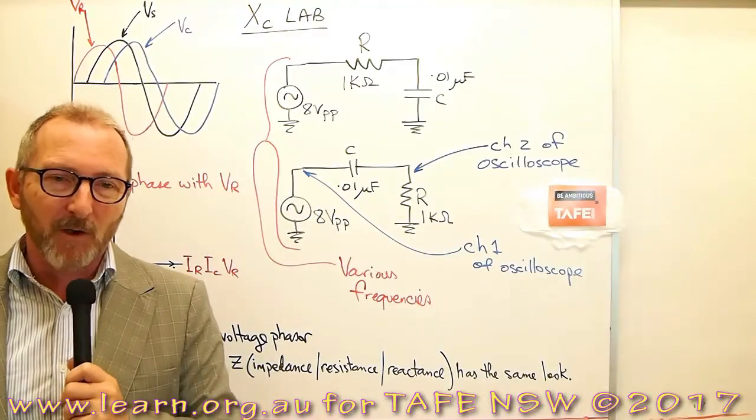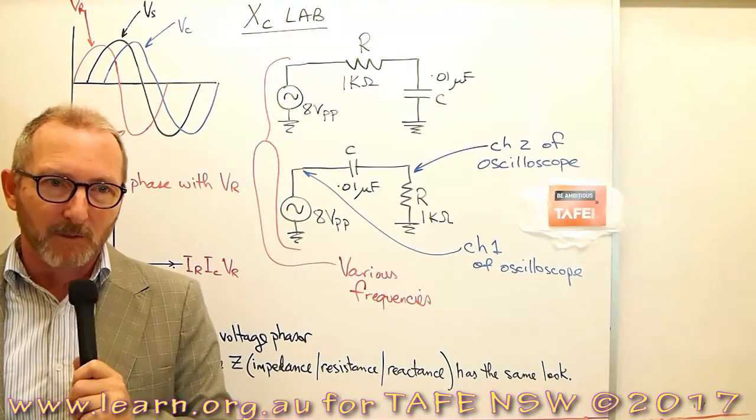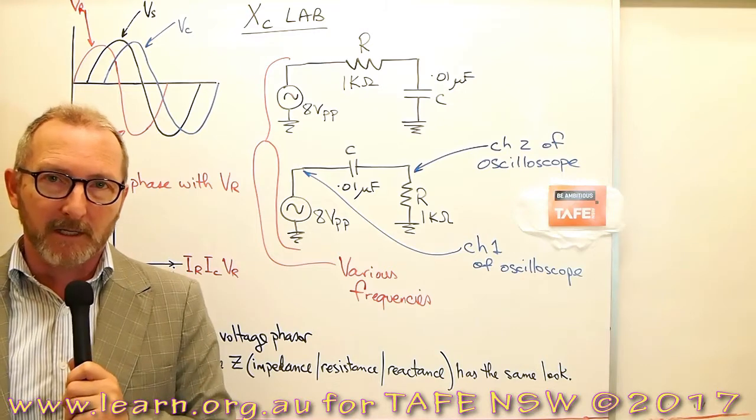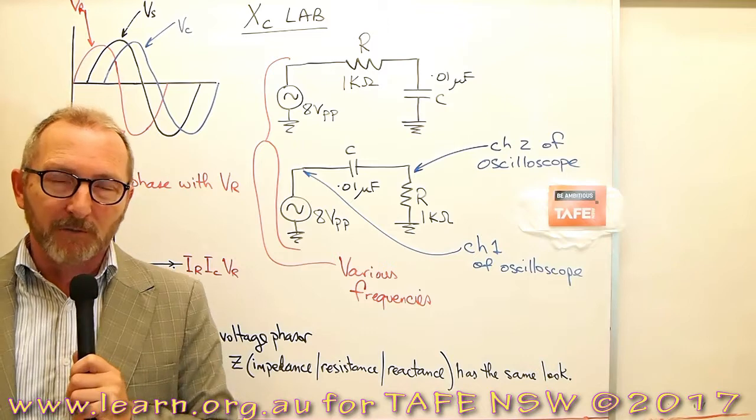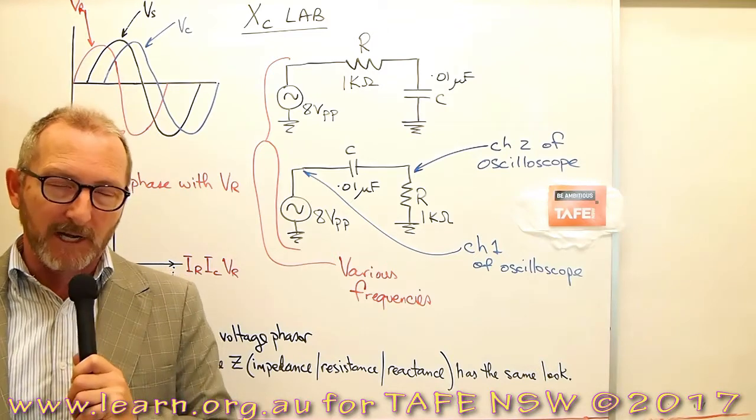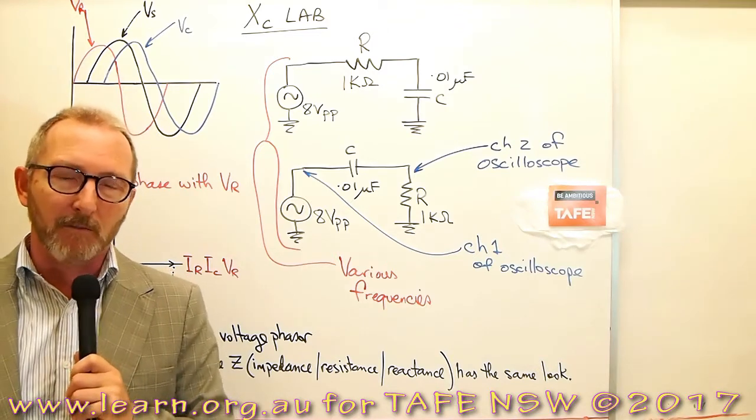Well, continuing on with the AC syllabus, we've learnt so far about the phase difference between voltage across different components in a circuit that has a reactive component and a resistive component.